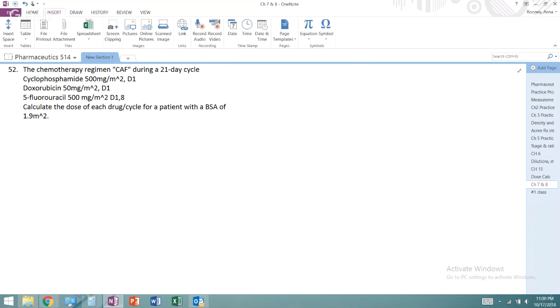Calculate the dose of each drug per cycle for a patient with a BSA of 1.9. So this is going to be easier because 2 of our drugs are at the same dosage, and then this one is 10%.